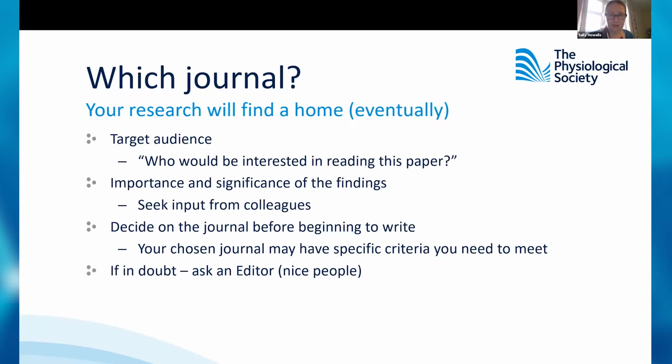So assess what you really think. You can ask colleagues the importance of the findings and pick the right level of journal for your initial submission. And your article will find a home. So you may think it's way top, but actually it's fairly mediocre. But the peer review process will sort that out for you.